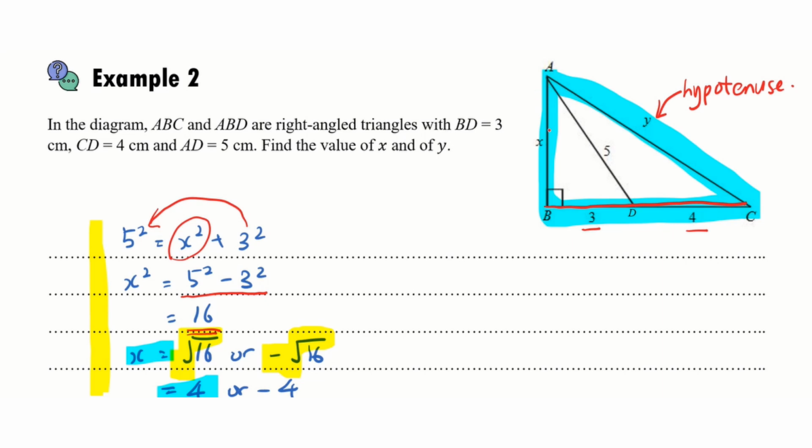And then AB, which is x cm, and we already found out that x is actually 4.